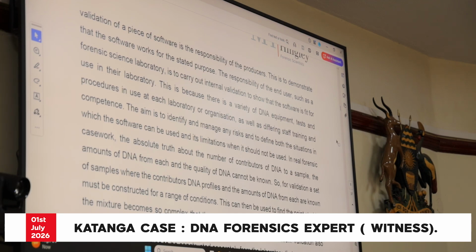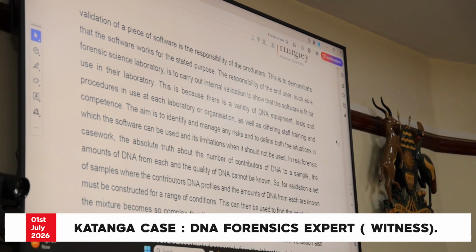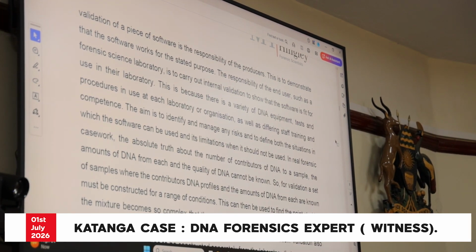It is then down to the laboratory, the owners of the software, to demonstrate that the process and the mathematics within the software work as expected.